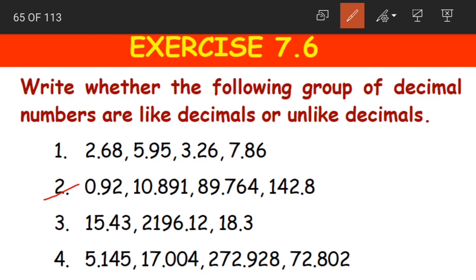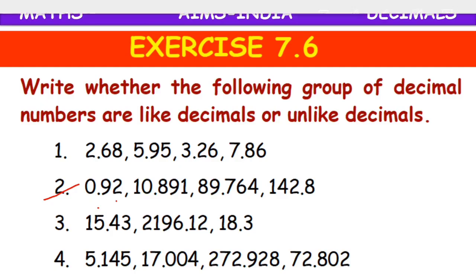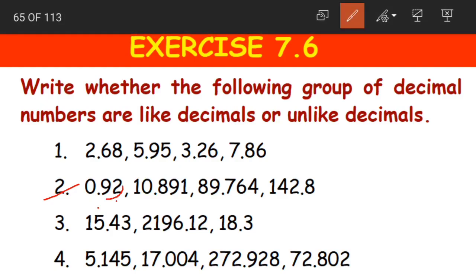As the given four numbers of the first pair have the same number of decimal places, they are our like decimals. Coming to question 2: 0.92, 10.891, 89.764 and 142.8. Here the first number has 2 decimal places, the second has 3, the third has 3 and the fourth number has only 1 decimal place.